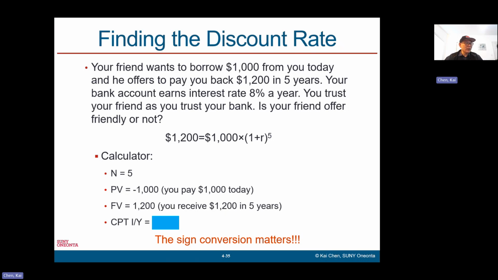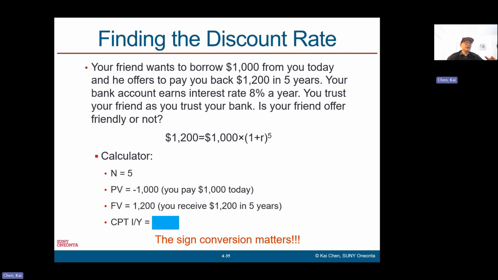This sentence means the interest rate that you can earn from lending to your friend is better than the interest rate that you can earn from your bank account.